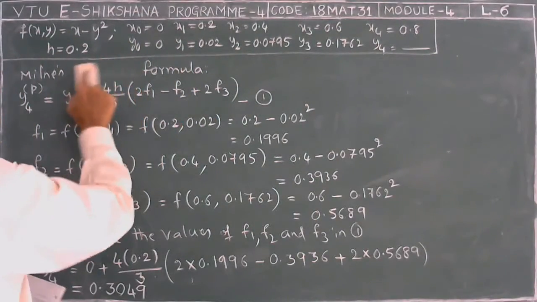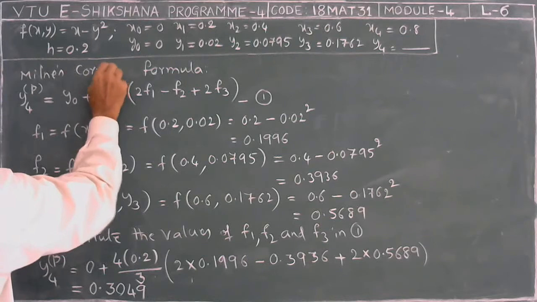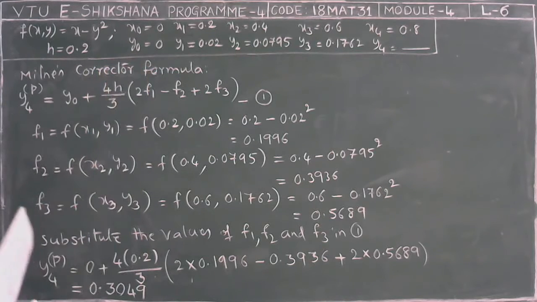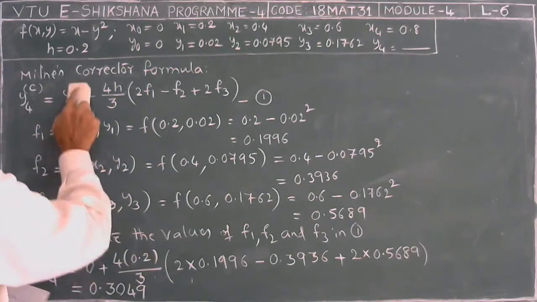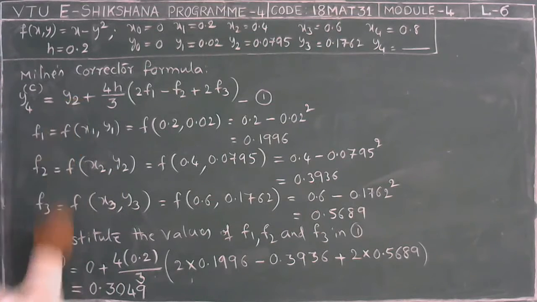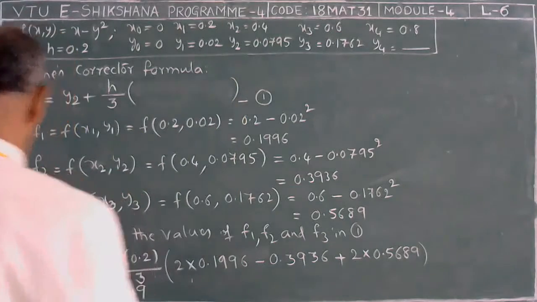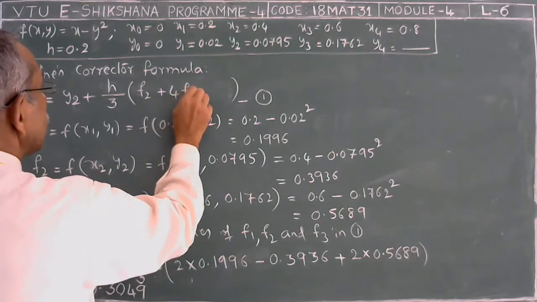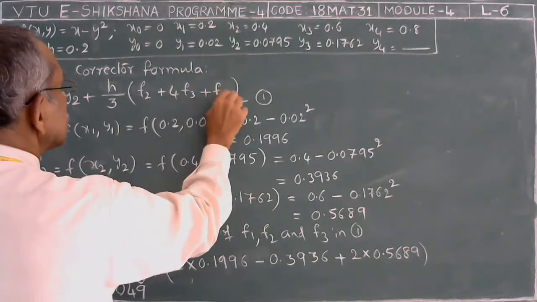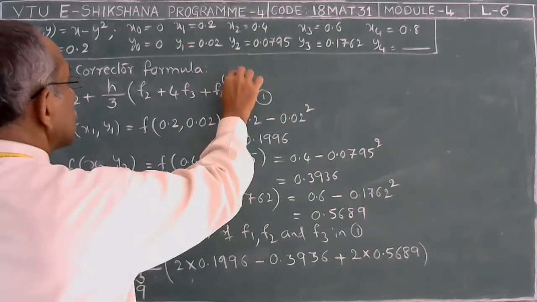Now we shall correct this using the corrector formula. Milne's corrector formula is given by y4c is equal to y2 plus h by 3 into f2 plus 4 f3 plus f4p.